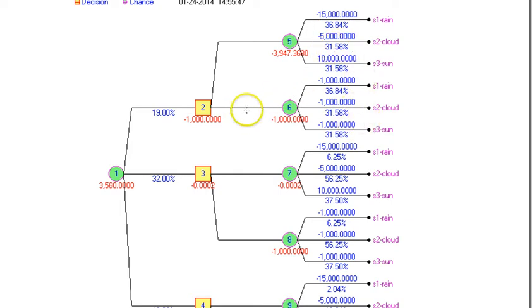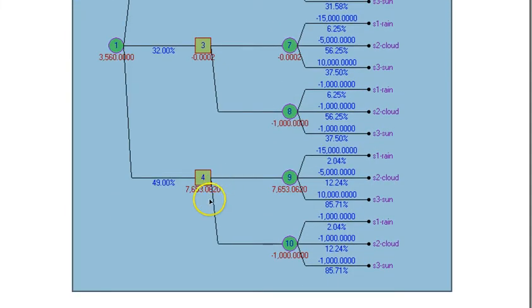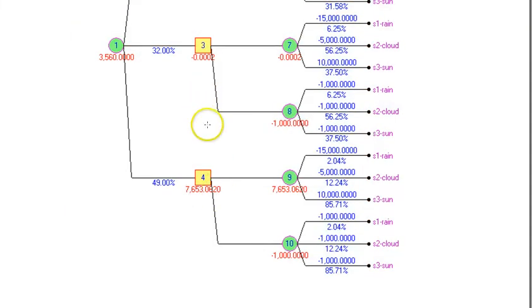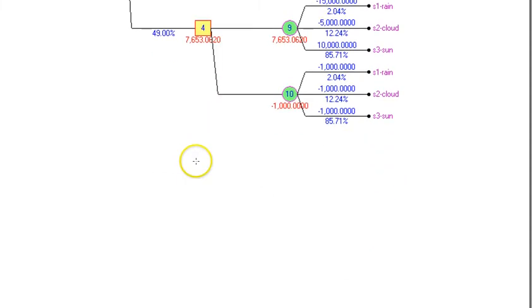Do the calculations backward. So I got 1,000 here, negative 1,000, 0, and I got 7,653, which is the same calculation we had in the lecture notes, and that gives me 3,560. If I subtract the sampling cost, it would be 2,560, same as I had before.